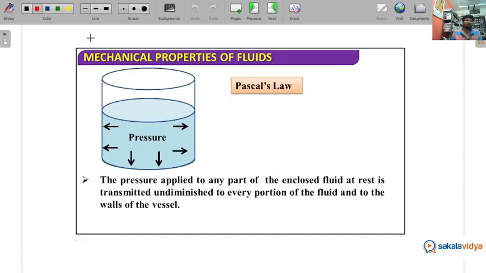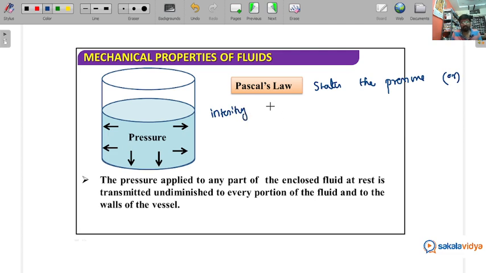So Pascal's law states that the pressure, or intensity of pressure, both are same, my dear students.